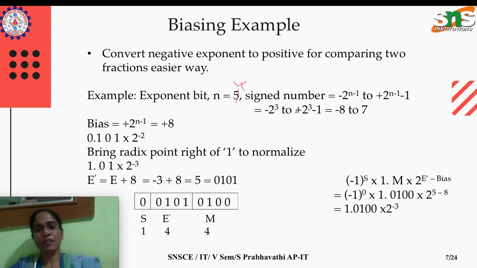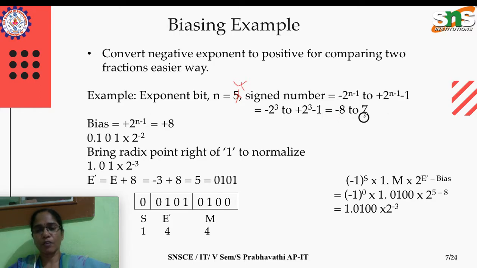Then only this number will be correct, so please correct it yourself. This is n equal to 4. In a 4-bit register, the signed range is minus 2^(4-1), that is 2^3, to 2^3 - 1, which is -8 to 7. So the exponent could range from -8, -7, -6, -5, up to -1, 0, 1, 2, 3 up to 7.